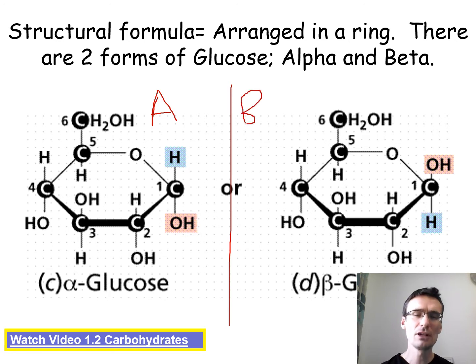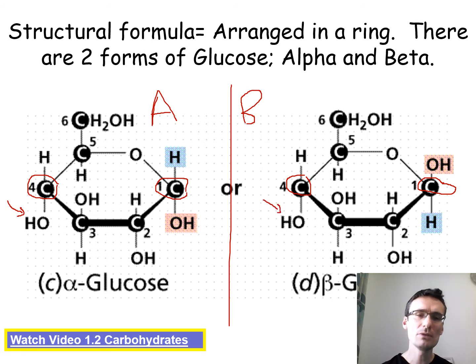So alpha glucose, it's all about what's happening at carbon 1 of both of the isomers of glucose. Just for the record, carbon 4 on both of the molecules is exactly the same. Carbon 4, the key thing is the hydroxyl group, which if you remember is what helps bond things together, is on the bottom.